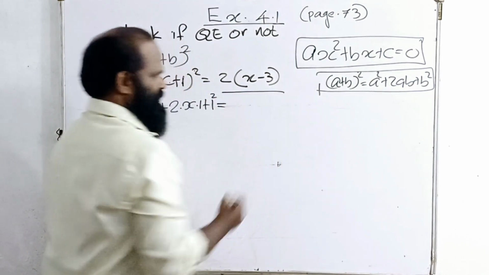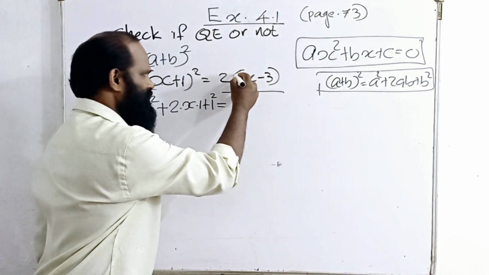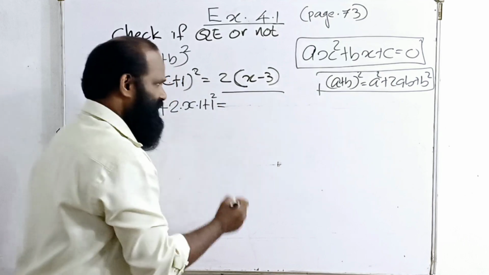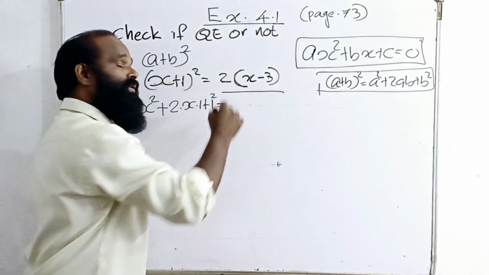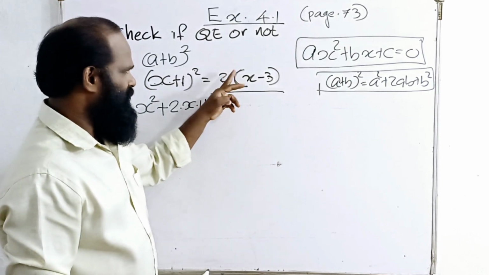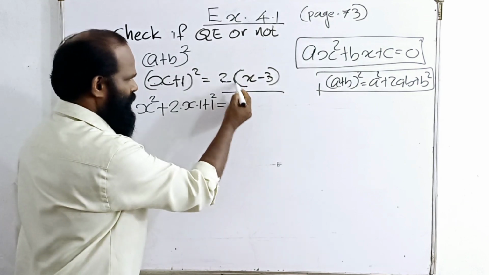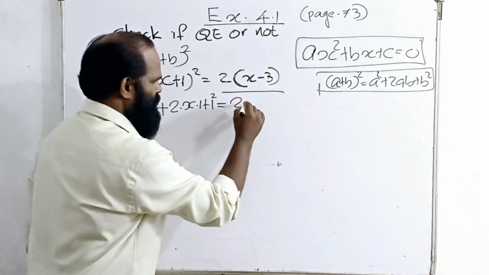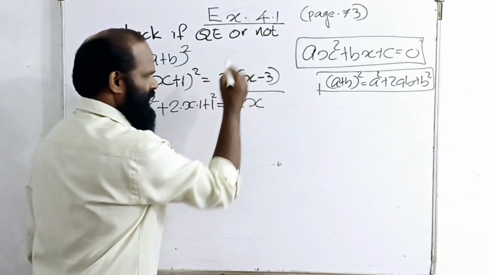What is over here? 2 into, the bracket means into. It tells us that both the terms inside the bracket should be multiplied with the number lying outside. So we have 2 outside, which multiplies x and 3. Start. 2 into x, no doubt, 2x. 2 into 3.